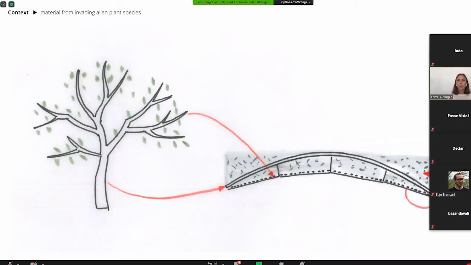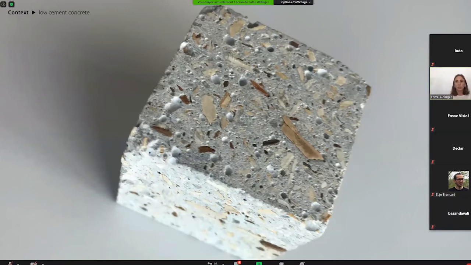So in South Africa, alien plants are invading and they have to be cut down because they're competing with the flora and the water. But they don't have a standard timber quality, so they must be used in a different way. So one strategy is to use the timber for the formwork system, and to use the biomass as an alternative bio-based aggregate in this low-strength concrete.